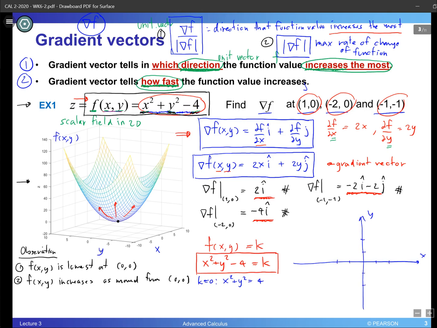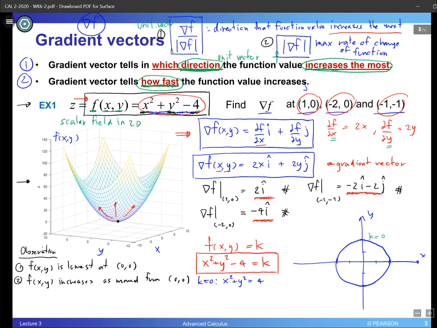All right, the first one, a circle of radius 2. Something like that. Not a perfect circle, but we have to use this one. All right, k equal to 0 right here, and we have this circle of radius 2.